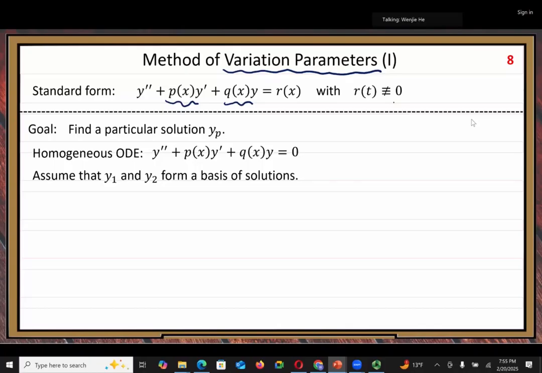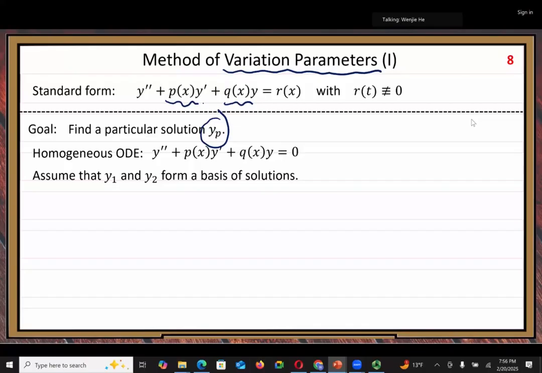So you assume y1 and y2 are solutions of the homogeneous equation. Now the next question is, how do you use y1, y2 to represent your yp? Because your goal is to determine the structure of yp. Can you do some manipulation on y1, y2 to give you the yp representation?